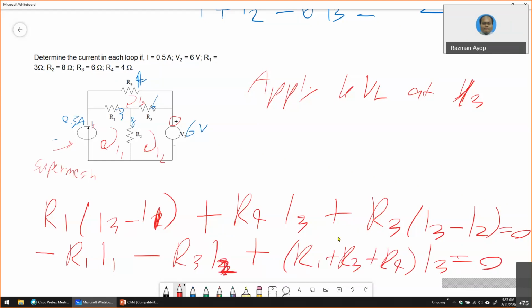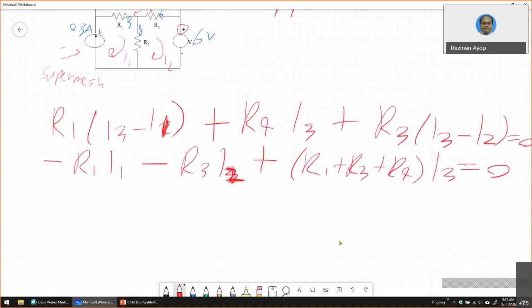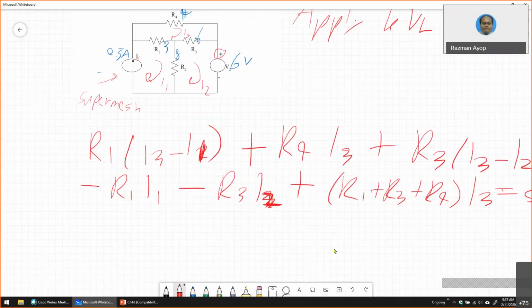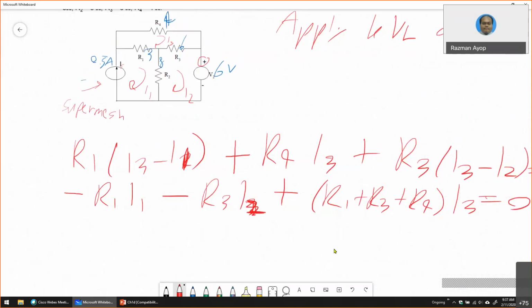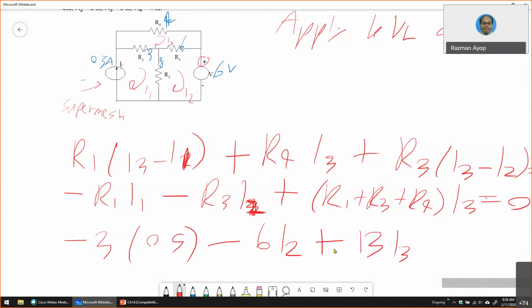Same as before, I1 already has a value, negative 0.5. Minus R3, which is 6, I2, plus R1, R3, R4: 3, 6, 4, that's 13. So 13 I3 equals 0.